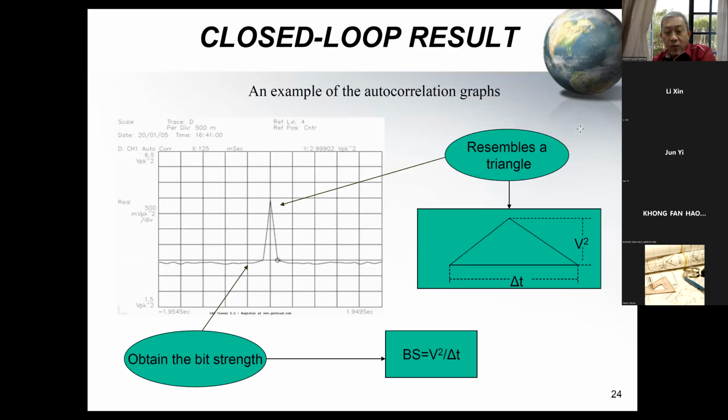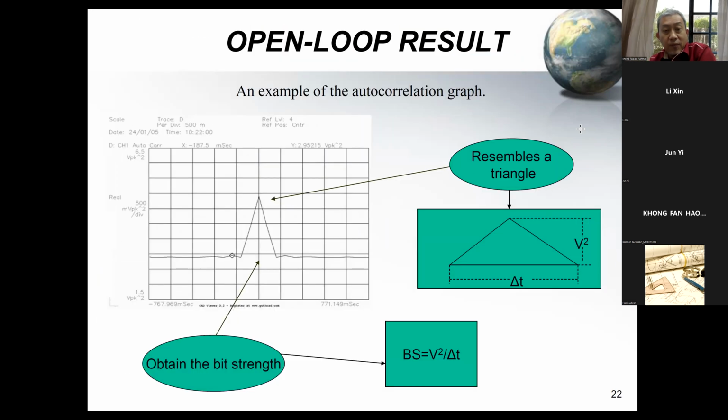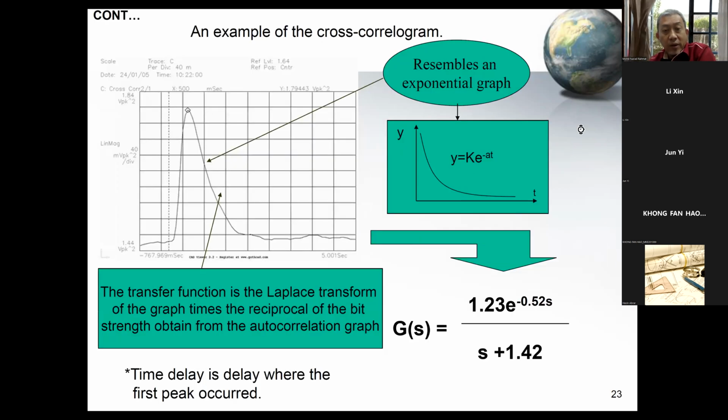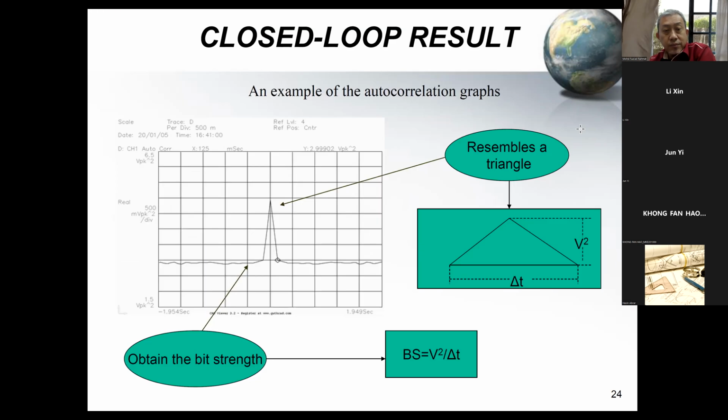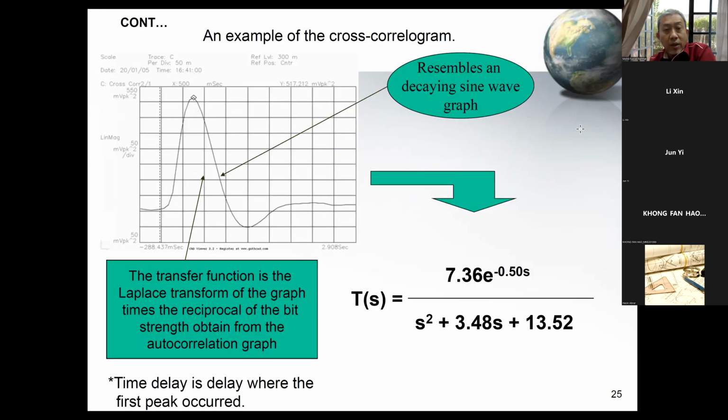And then for the closed loop results, when we configure it as a closed loop, we captured the autocorrelation function for the input PRBS, about the same as the previous one, but very narrow. And then we applied the closed loop configuration.